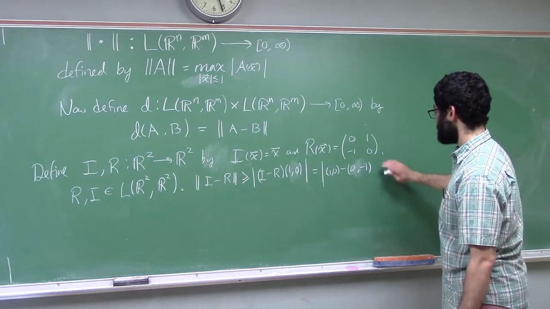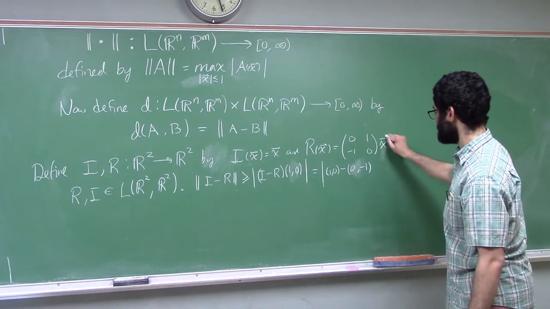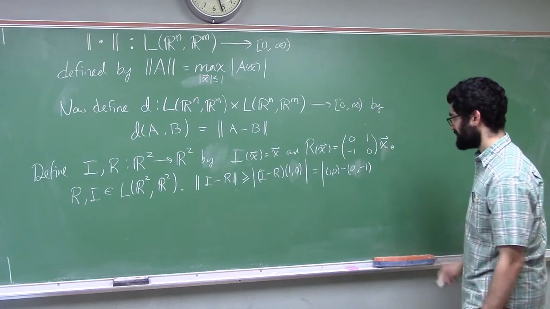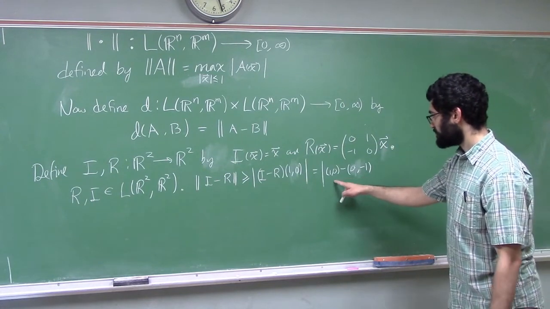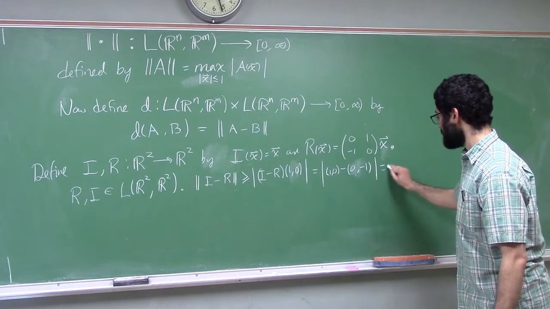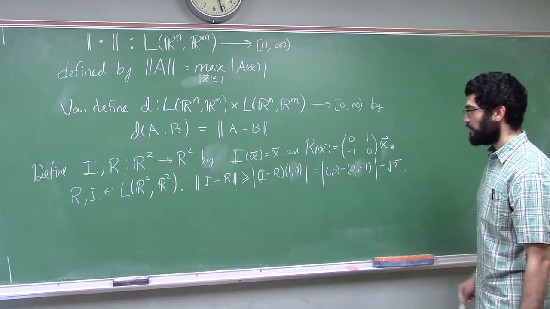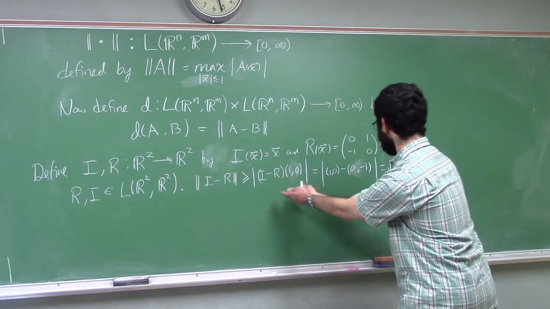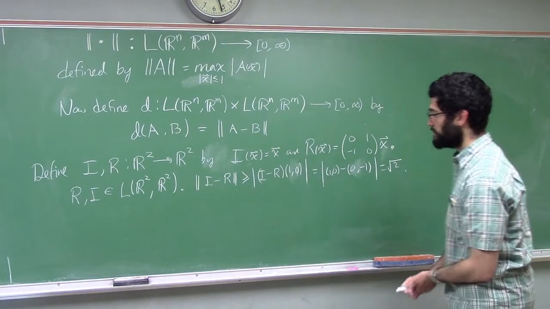Oh, I made a mistake. I'm sorry. This doesn't make any sense over here. This should be this matrix applied to x. The output is supposed to be a vector. Yeah, so over here I get root 2. Okay, so this is at least root 2 because one of the things in the set that it's supposed to be maximizing is root 2.